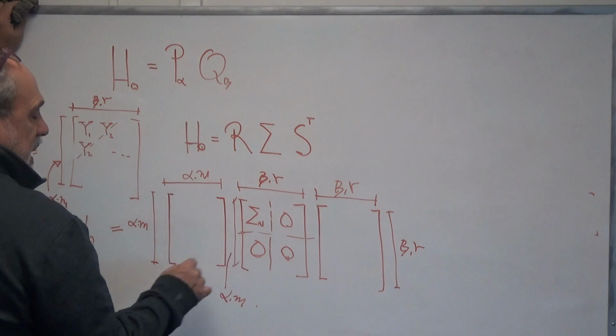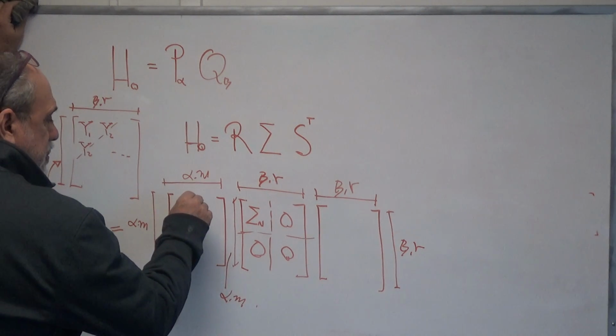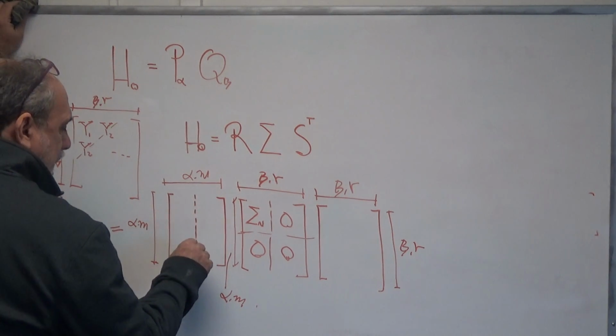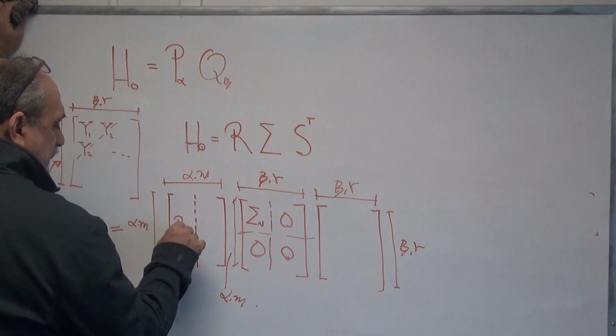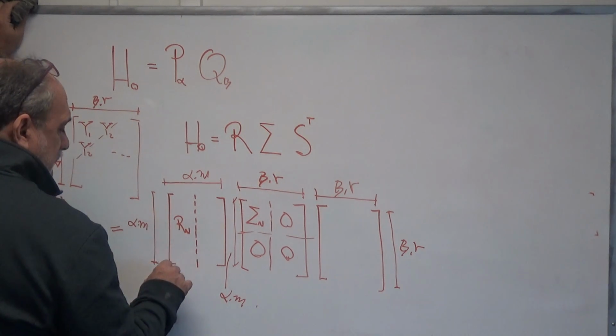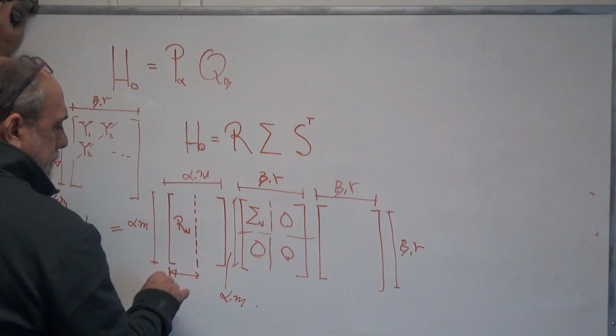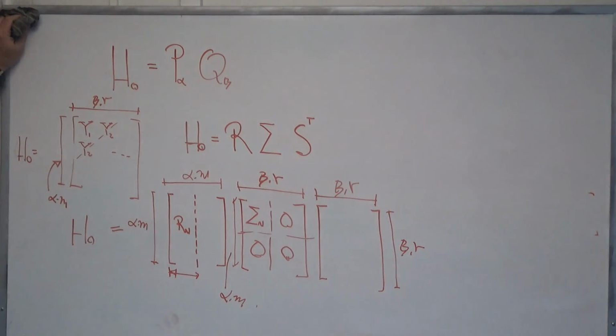The first left side singular vectors, the only columns that matter are the first n, and we can call those Rn. Okay? The first n columns are the ones that matter.